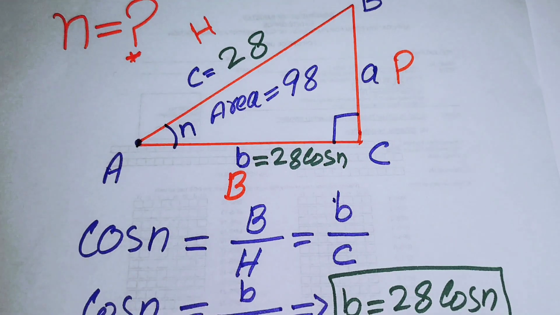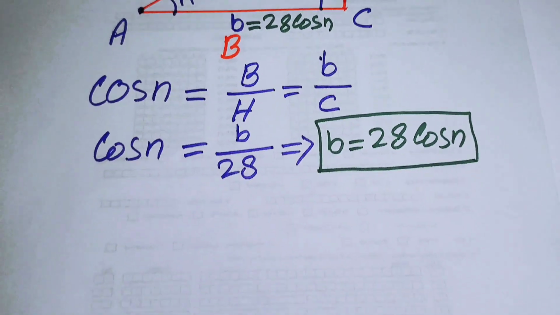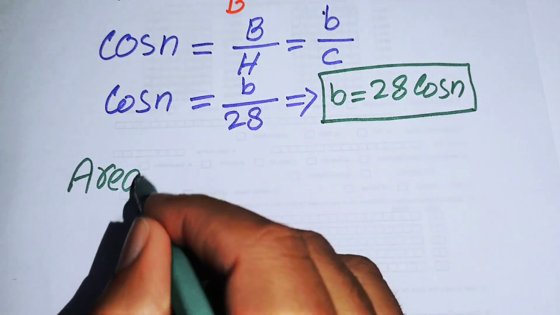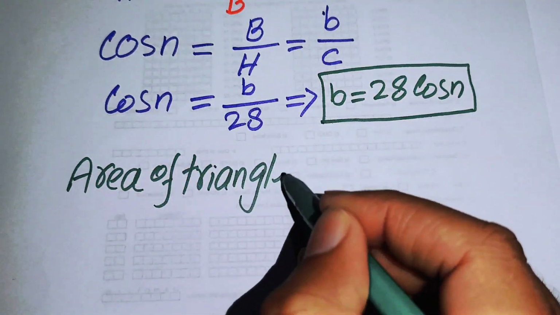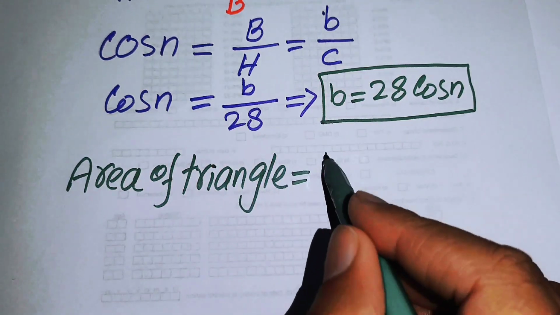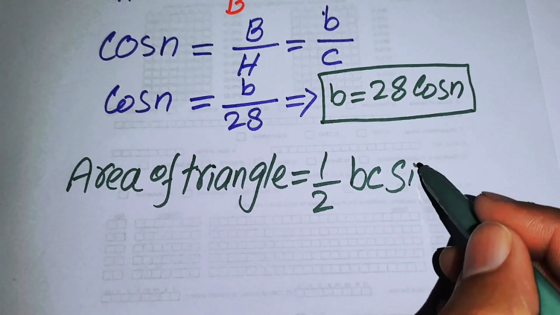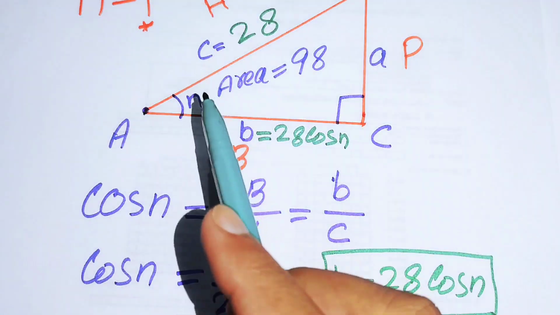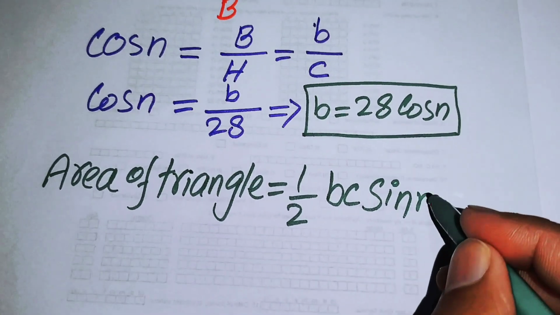You know the formula for the area of a triangle having two sides: area of triangle equals 1 over 2 times b c into sine of the angle between b and c. Here we have the sides b and c, and the angle made by these two sides is the angle n.